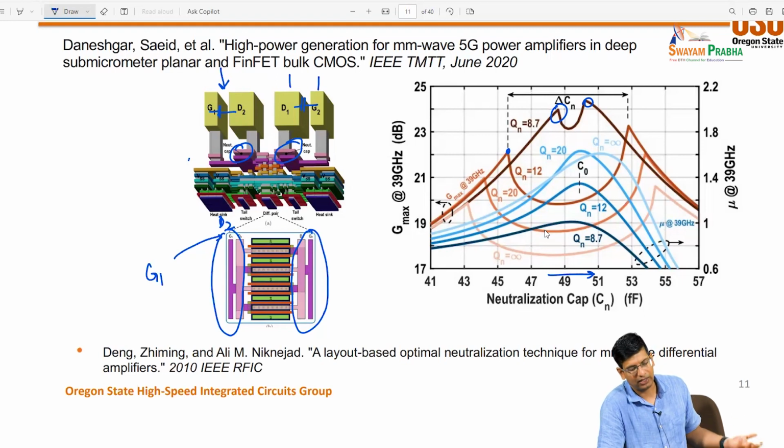If you do lay it out with devices, you do have this problem of going out to those devices. Those are extra parasitics that end up limiting the Fmax that you were fighting so hard to get in the first place. So this kind of approach is now quite popular to get neutralization.